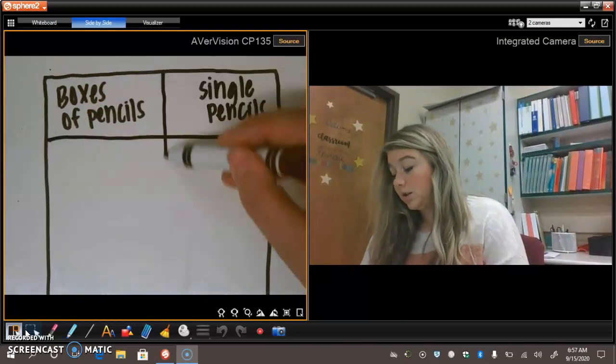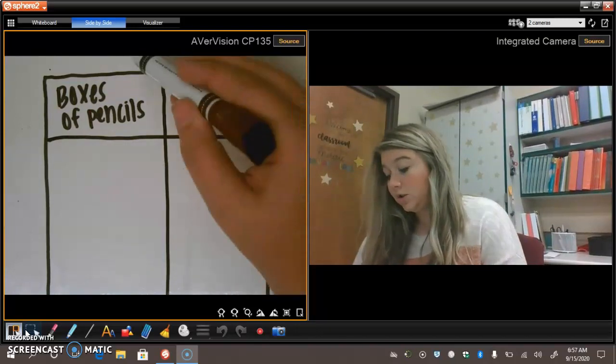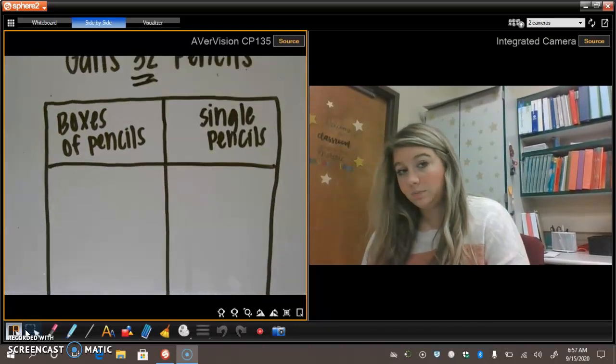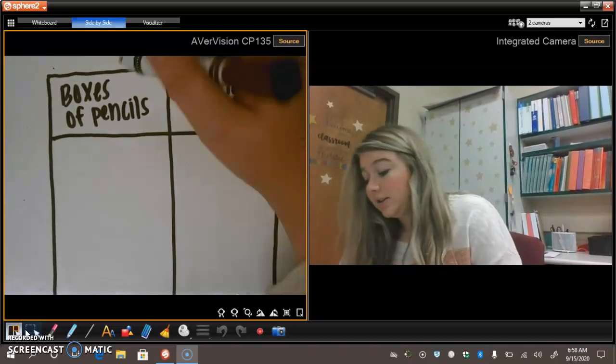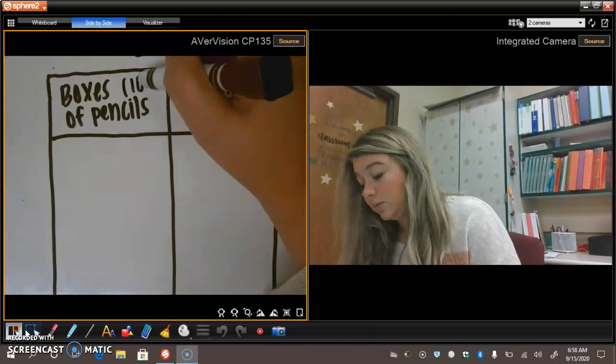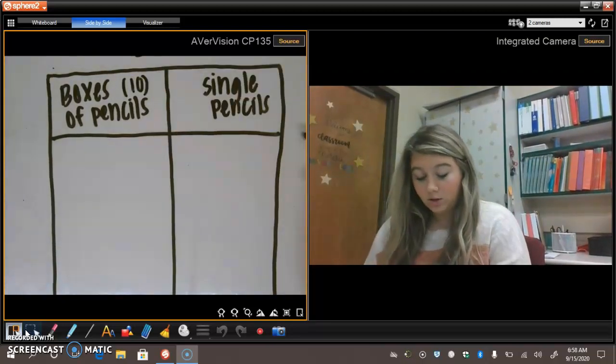Okay, so we know she needs a total of 32 pencils. So let's think. She could buy, and this is boxes of 10 pencils, and this is single pencils.